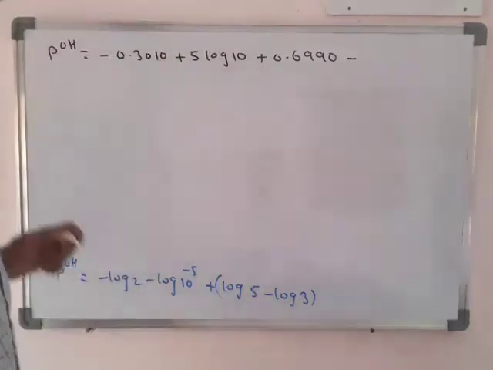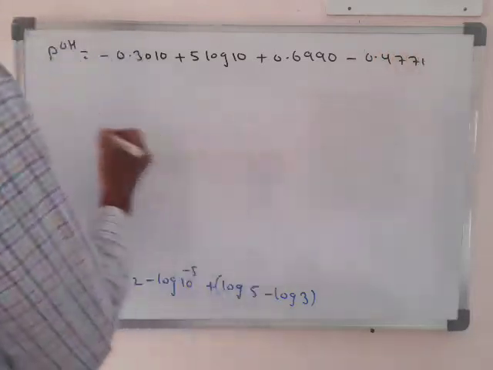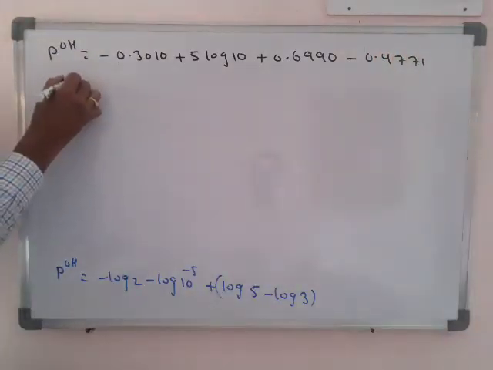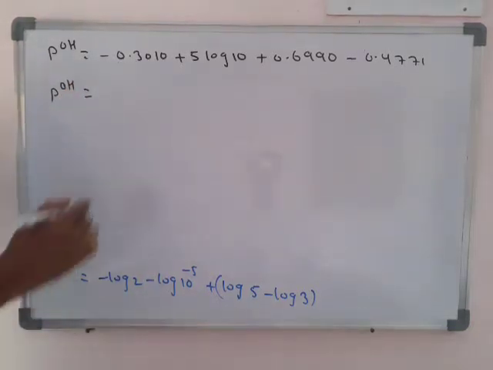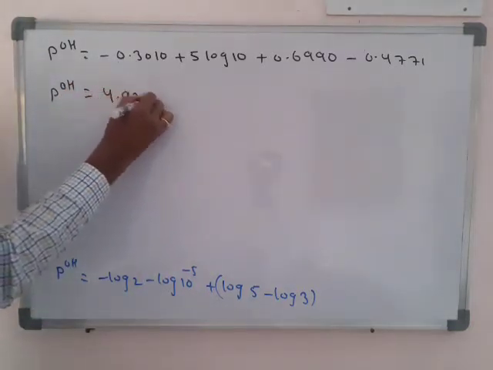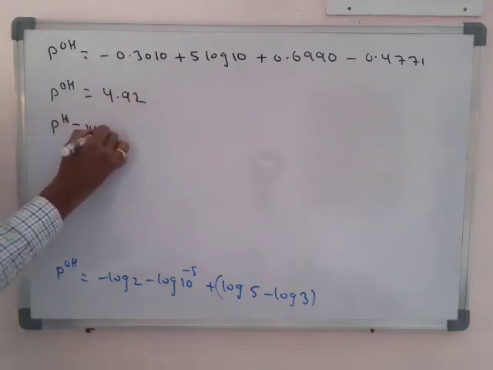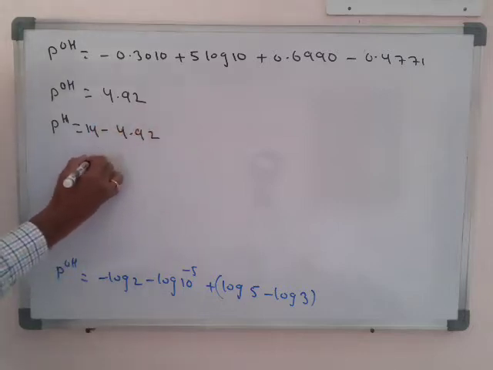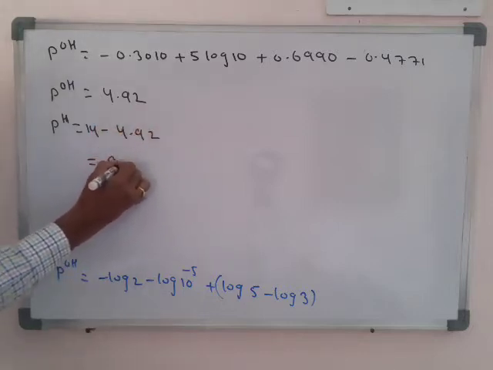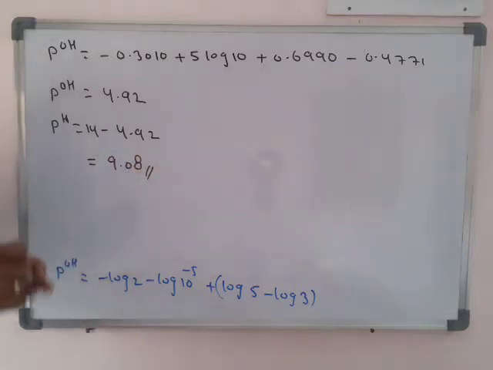Log 3 is 0.4771. So on overall calculation, here we get the pOH 4.92, and pH is equal to, we know, so this is the pH of the given basic buffer.